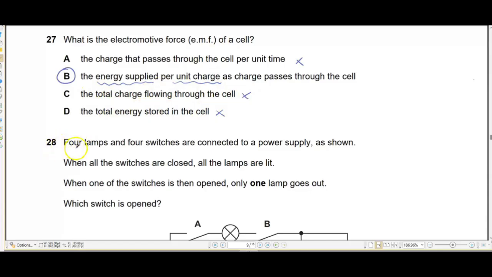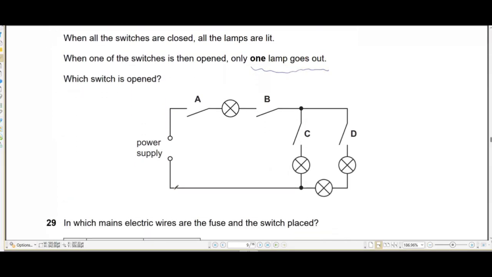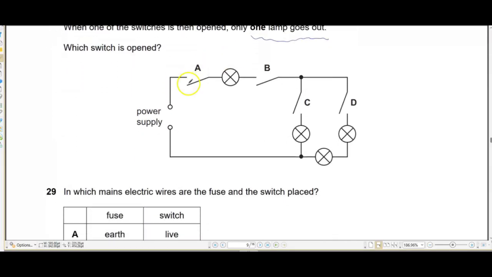Okay, 28. 4 lamps and 4 switches are connected to a power supply as shown. When all switches are closed, all the lamps are lit. When one of the switches is then opened, only one lamp goes out. Which switch is opened? Now, if we look at our circuit, this switch needs to be closed.